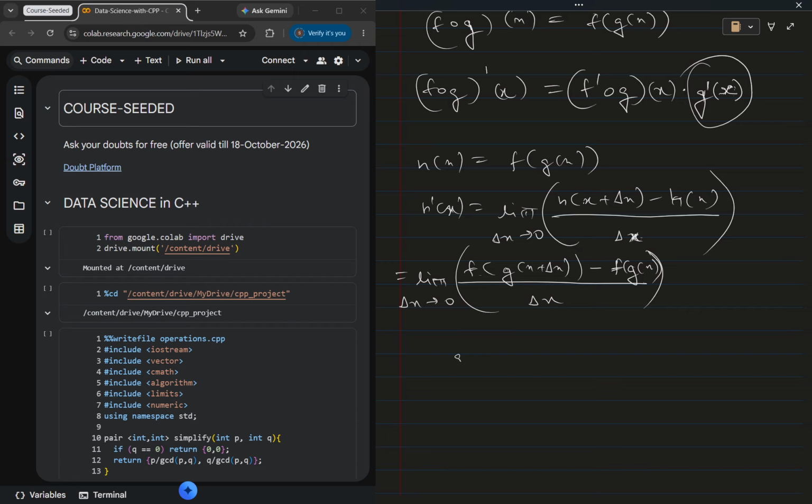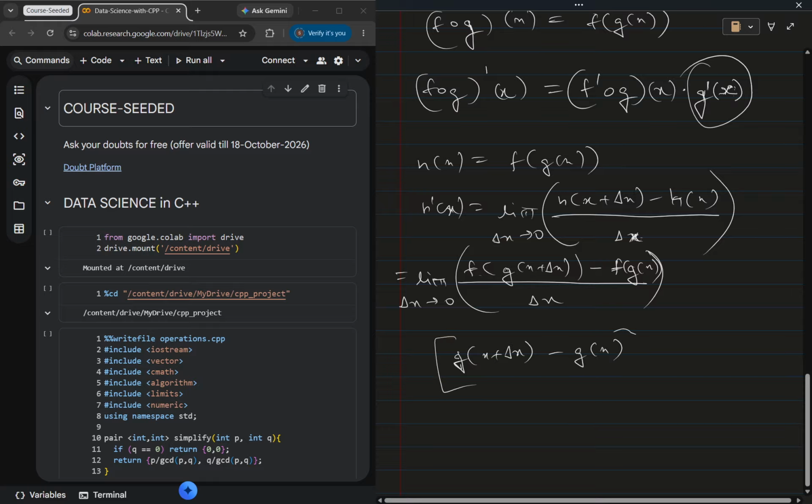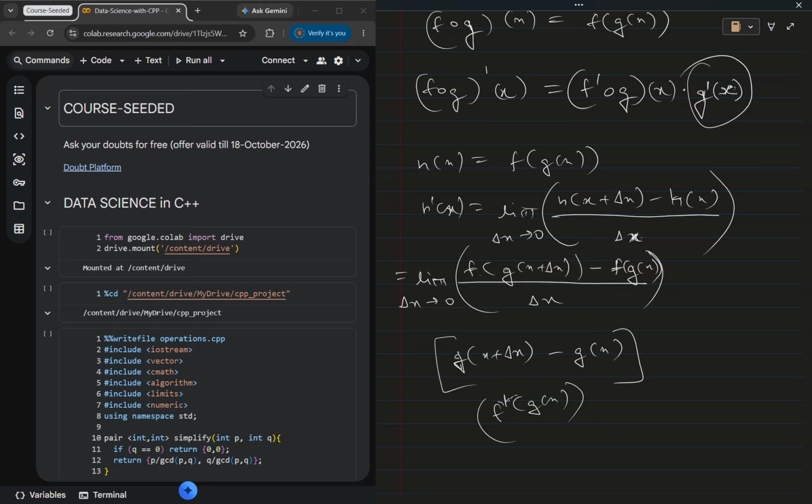So we need something below, g of x plus delta x minus g of x, in the denominator, so that we can write it completely as f dash of g of x. Since I've already given you that there is f dash of gx, to write this you just need something like this in the denominator. So most of the problem might now get solved after listening to what I've said.